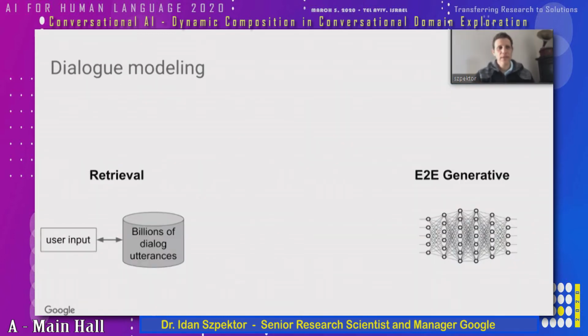So if you look at open-ended dialogue modeling today, there are two main paradigms. One is retrieval-based, where you might have billions of historic responses in some open-ended conversation. Think about indexing all of WhatsApp or all of Twitter. And in this case, once you have a conversation, hopefully at least one of the stored responses in the index would fit that conversation.